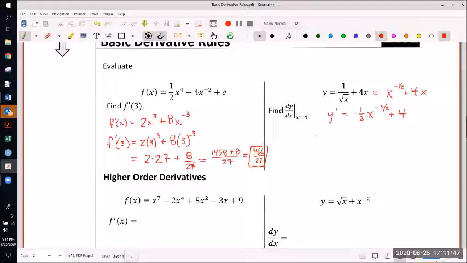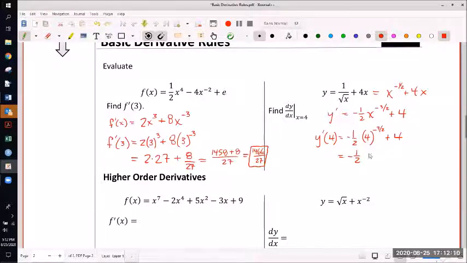If I evaluate this at 4, y prime of 4, I get negative 1 half times 4 to the negative 3 halves plus 4. Negative 1 half, 4 to the negative 3 halves would be, I can take the square root of 4, which is 2. 2 cubed is 8.